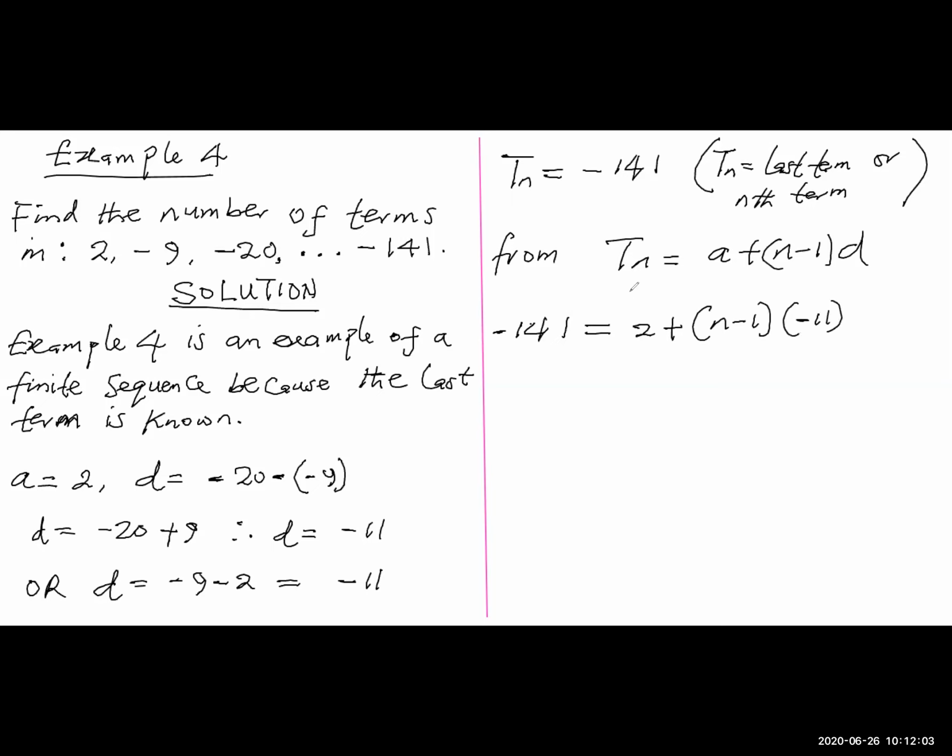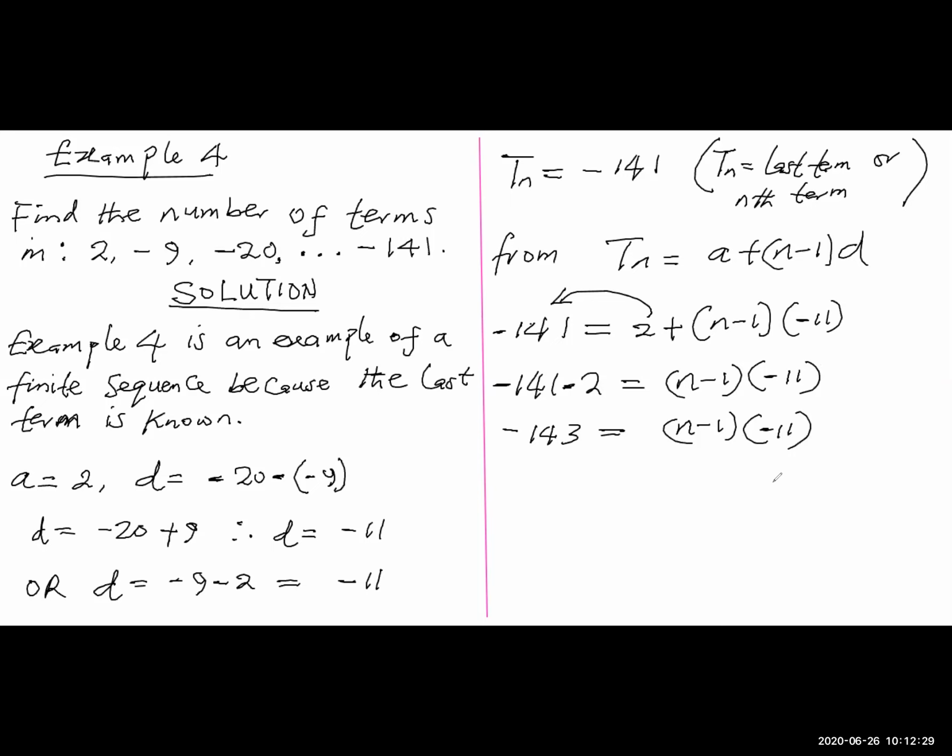Okay, minus 2 goes to the other side, becomes minus 2. Minus 141 minus 2 equals n minus 1 multiplied by minus 11. Minus 143 equals n minus 1 into minus 11.